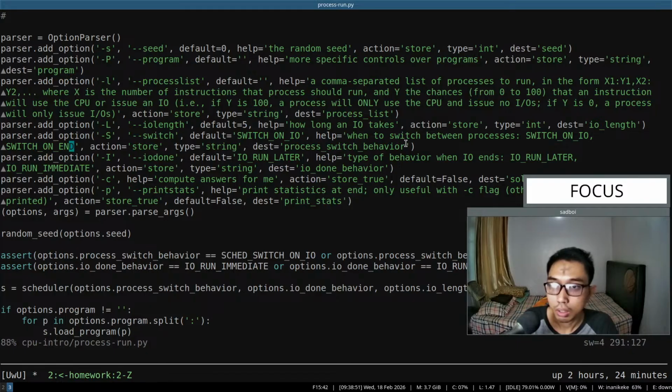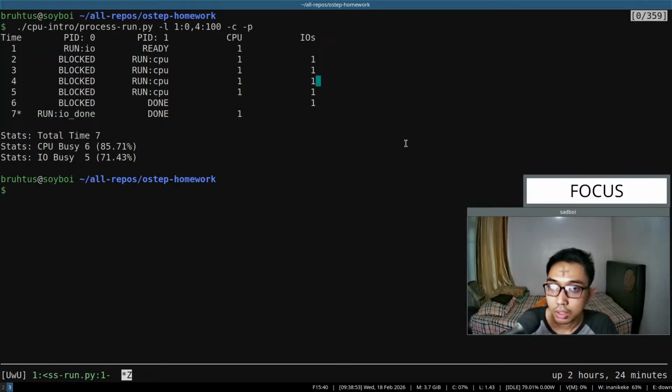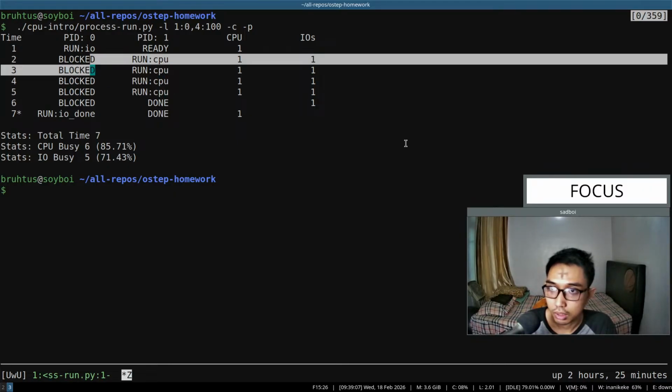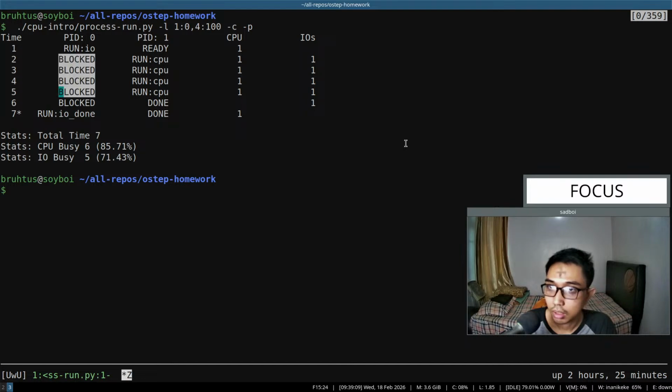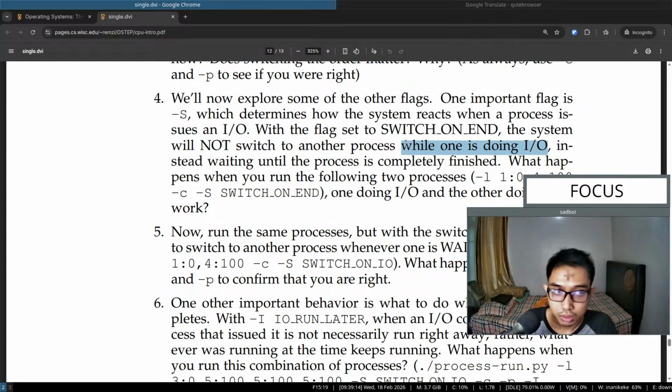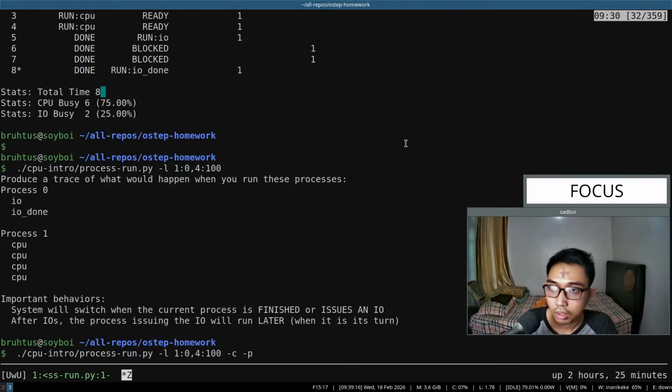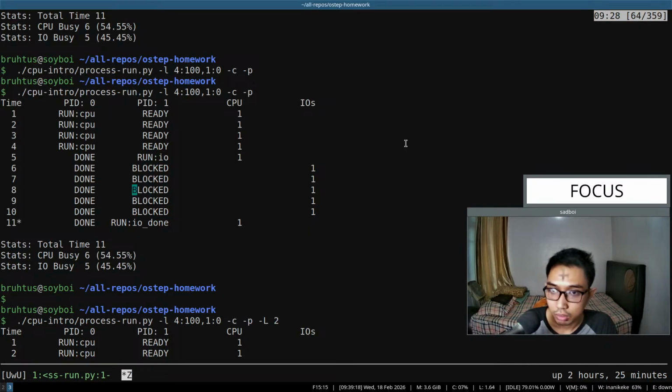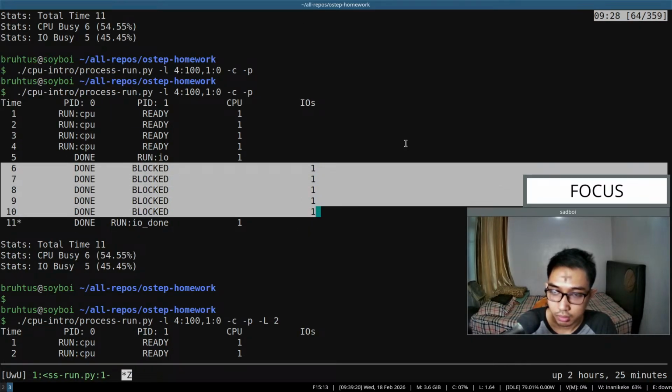Oh, okay. So rather than running another process while waiting for the input-output, we are not switching to another process, which I assume is something like this.